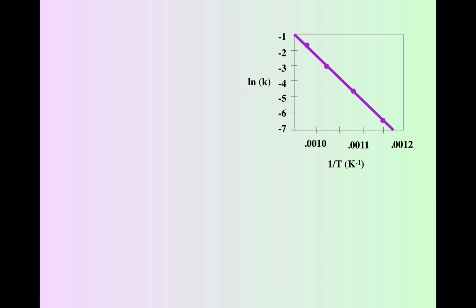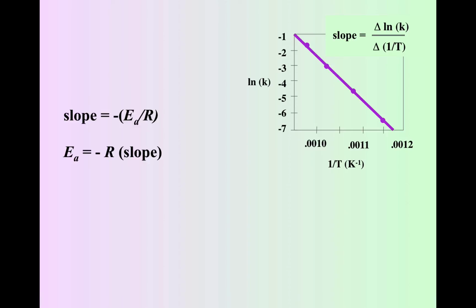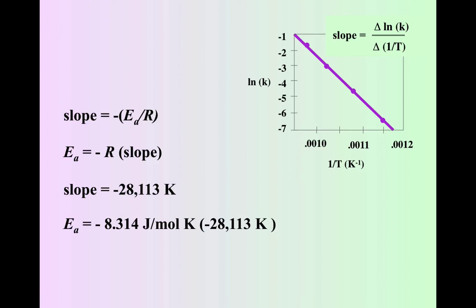The slope of that line is equal to negative activation energy divided by R. So I know what R is. R is a constant. So if I know what the slope of the line is, I can rearrange and solve for what the activation energy is. Make sure everything's in the right unit, and I can get the activation energy.